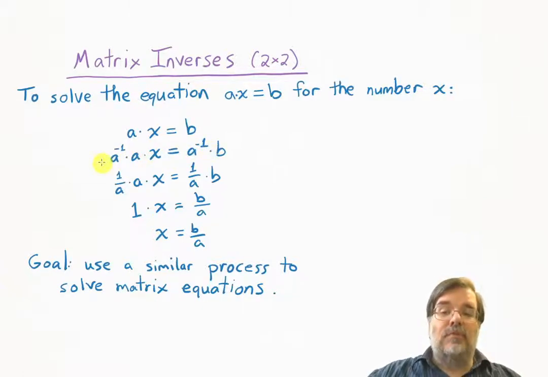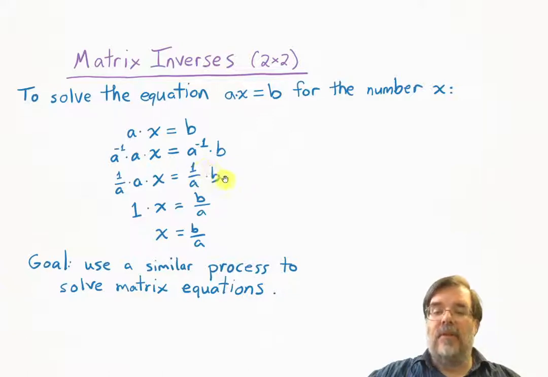Now, when it comes to multiplication, a inverse is really the fraction 1 over a. So in both cases, we're multiplying both sides by 1 over a. 1 over a times a on this side gives you the number 1. The a's cancel out, and you have 1 times x. On the right-hand side, you could multiply this out.